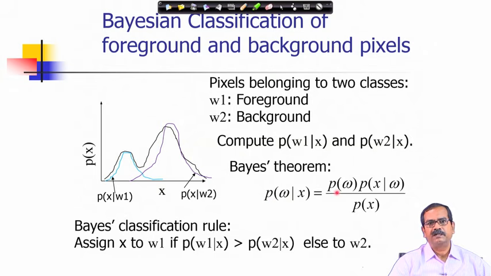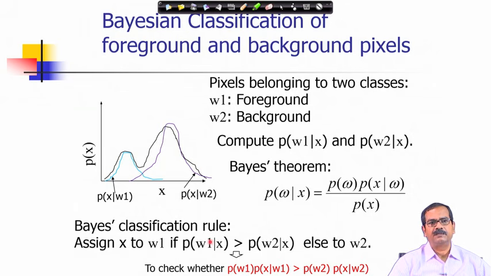Also, you can compute the probability of omega itself, the class probabilities. If I assume that some threshold value is chosen, then these proportional areas can give me those two probabilities. I will describe it in the subsequent slide. What is interesting to note is that you may not use the probability of x at all in these computations, because after computing these two, you need to compare only these values.